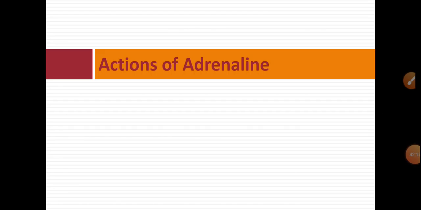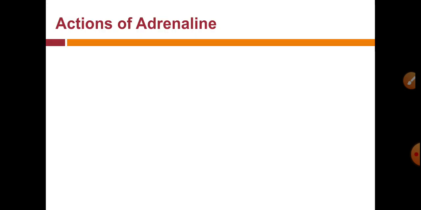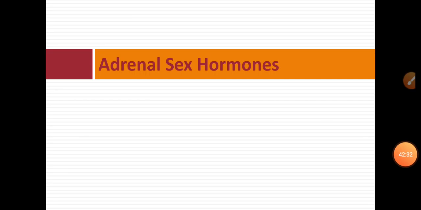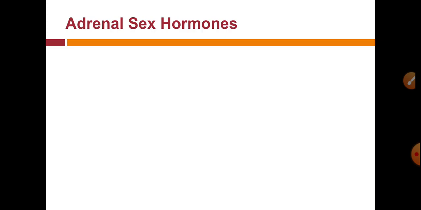Before concluding today's lecture, a short recap of today's lecture. For that we have to go to the previous slide or first slide. We started this lecture with the topic adrenal sex hormones. These are secreted mainly from the zona reticularis, and only a very small quantity of hormones is secreted.